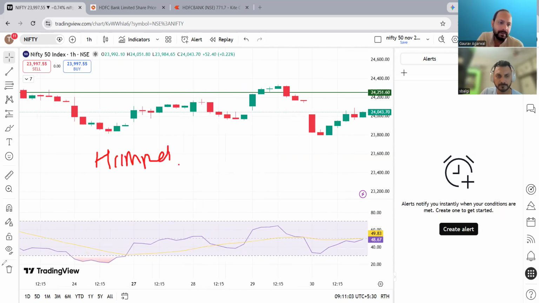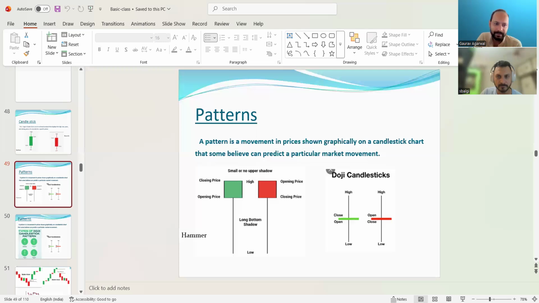The pattern of the hammer looks the same as the hammer we use at home. We have seen that hammer at home, right? Mostly it looks like this only. In hammer, we basically have four types of candles that you have to see.